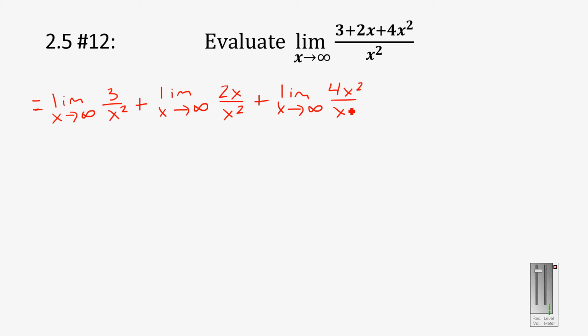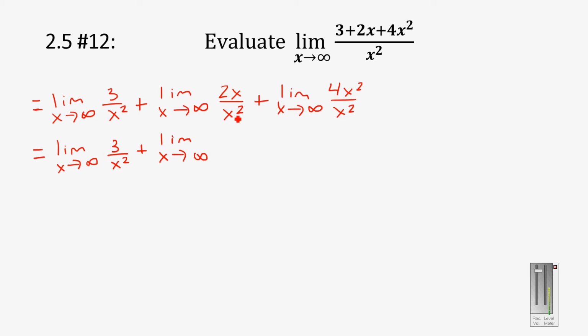It's worth noting that some of these might be able to be reduced a little bit, so I'll go ahead and rewrite it here. The limit as x goes to infinity of 3 over x squared stays the same, plus the limit as x goes to infinity of 2x over x squared.